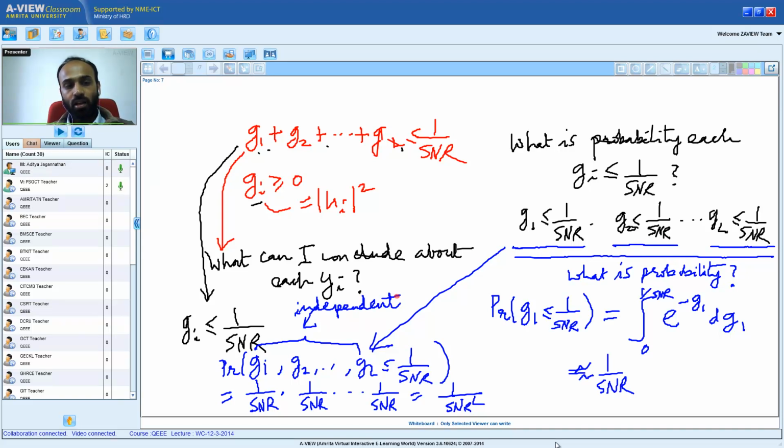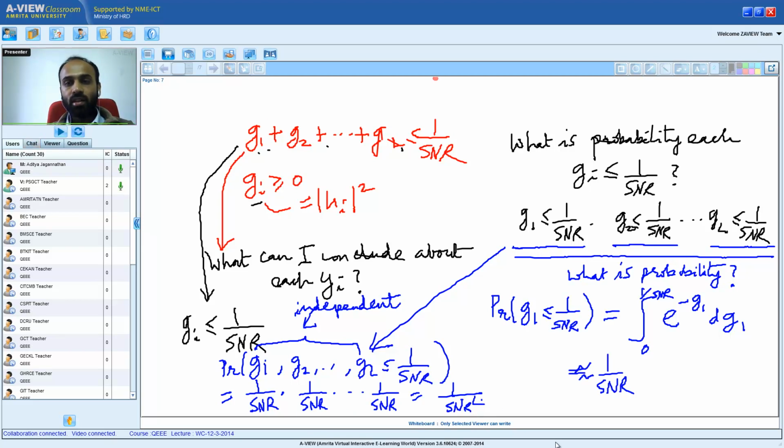Because they are independent, the joint probability is the product of the individual probabilities.